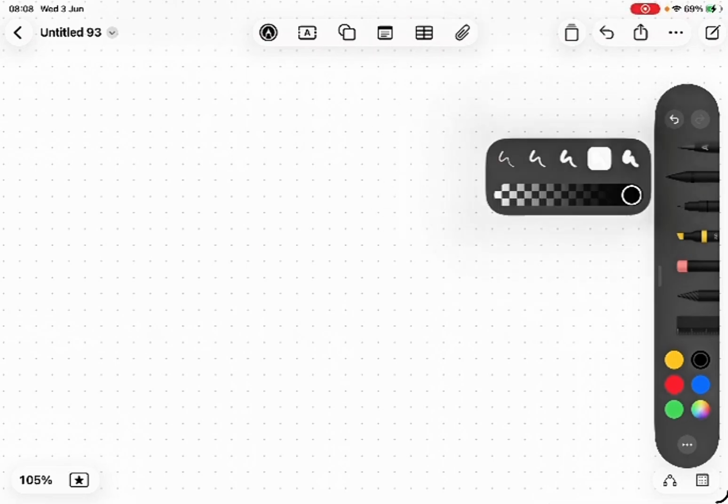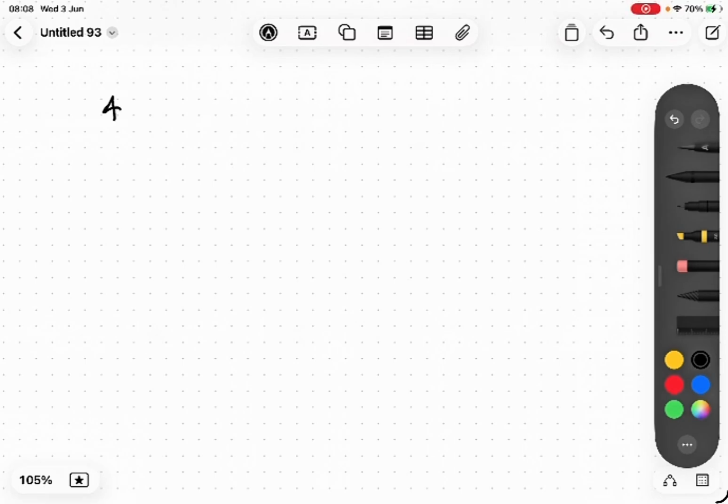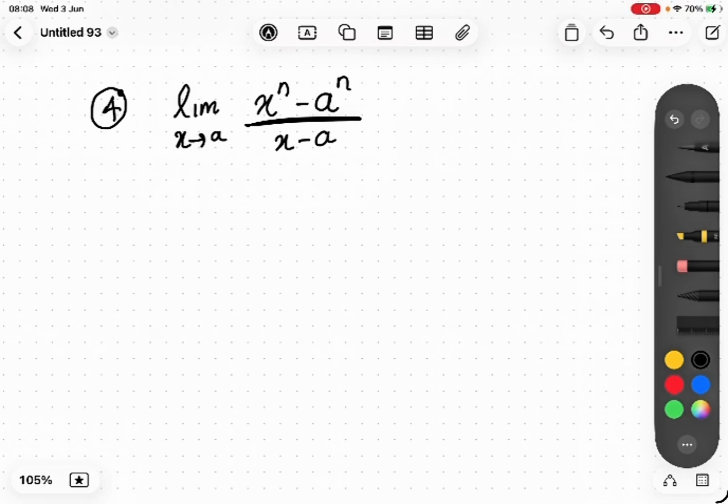That is, if you have to find the limit of x to the power n minus a to the power n over x minus a when x tends to a. So these are very important.